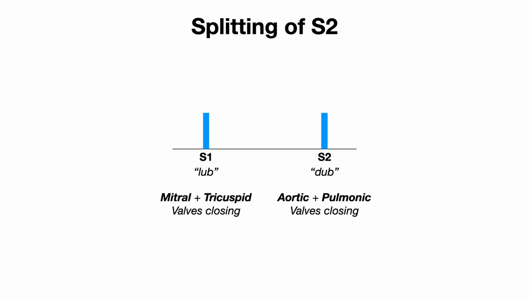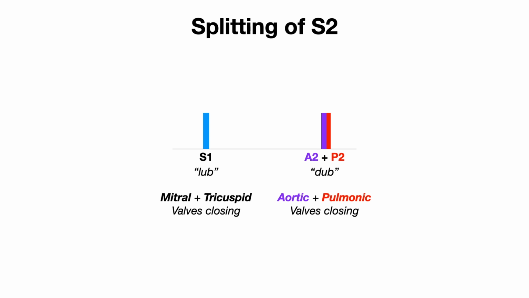Now, because the S1 heart sound is 2 valves closing and the S2 heart sound is 2 valves closing, technically the S2 could be rewritten as A2 and P2, because since both the aortic and the pulmonic valves are closing roughly simultaneously, it's the 2 different valve closures collectively contributing to one sound.